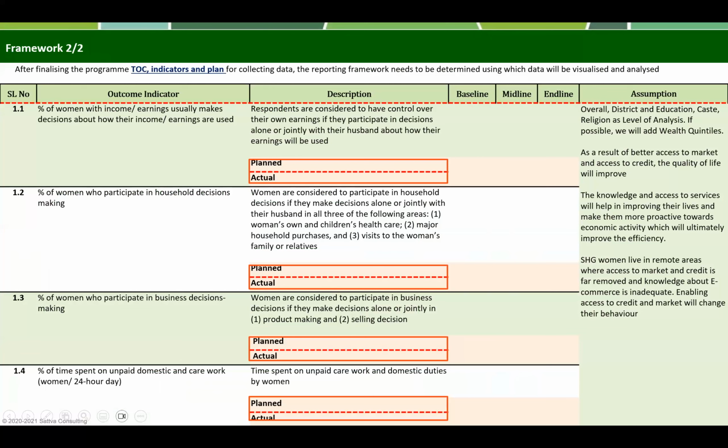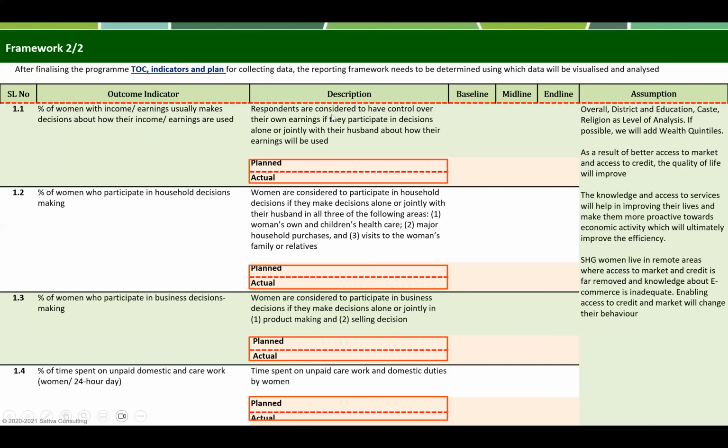Anyone can take a look at the LFA document and understand what you mean by that, and nobody needs to ask you, hey, what do you mean by this indicator? See this indicator, as an outcome indicator: the first indicator is the percentage of women with income or earning who usually make decisions about how their income or earnings are used.